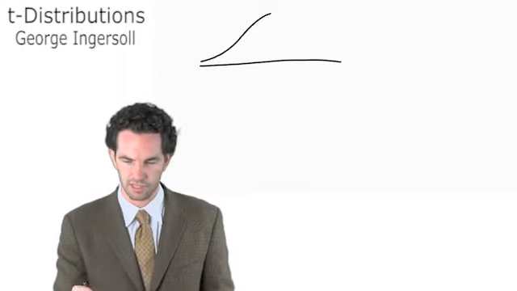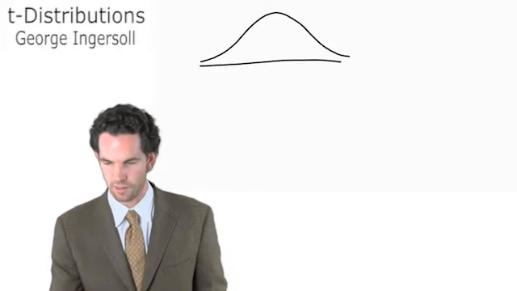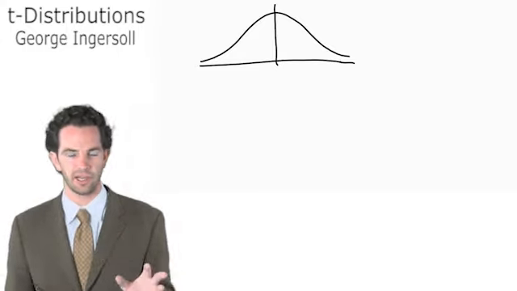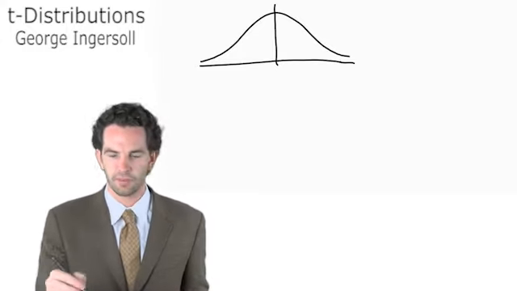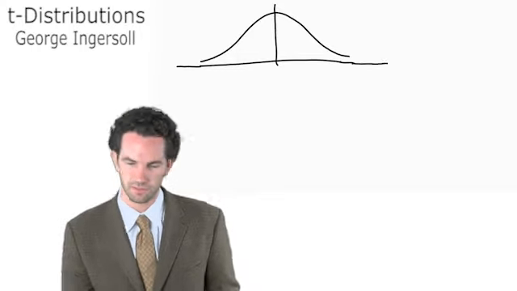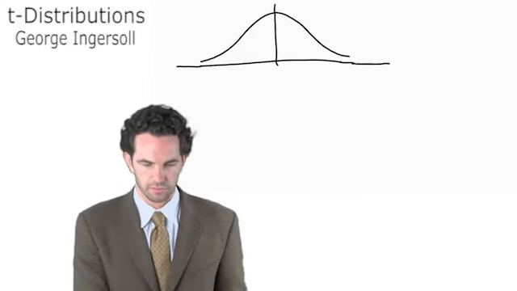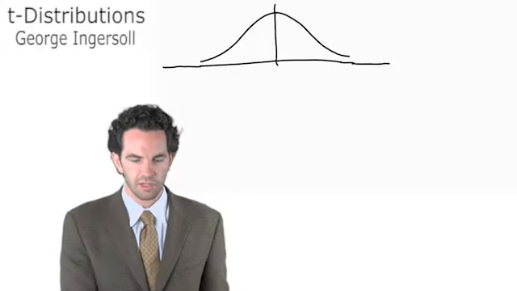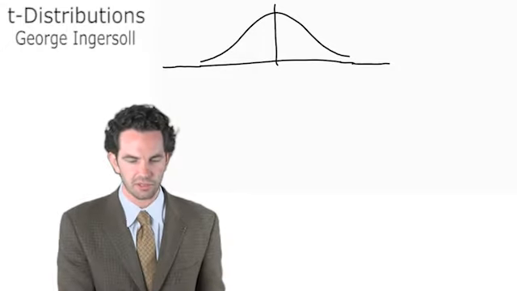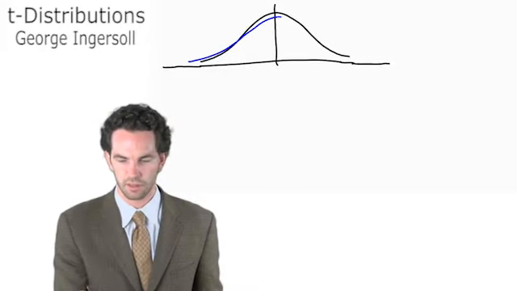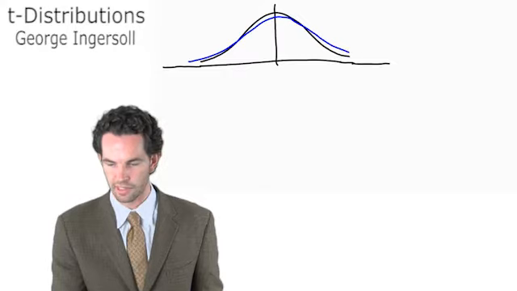Let's say this is our standard normal curve, right? This is what gives us z values. And I'm going to extend this a little bit on either side. The curves for our T distribution are going to be a little bit less accurate.